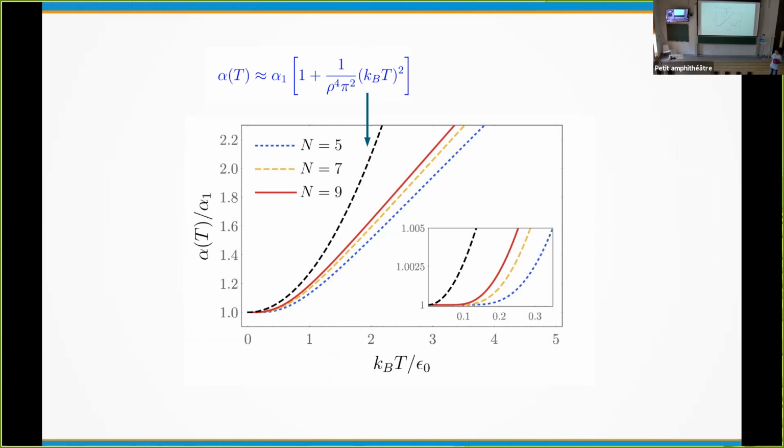Roughly say that L is equal to X, so L is X multiplied by the average of the particle. Then alpha of T depends on X or L. Yes. Well, I haven't seen how you solve it.